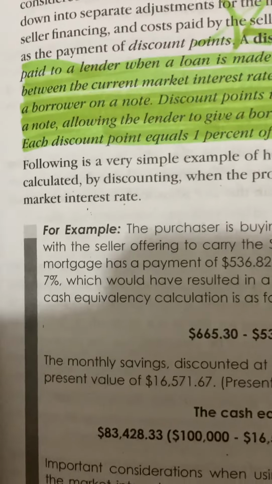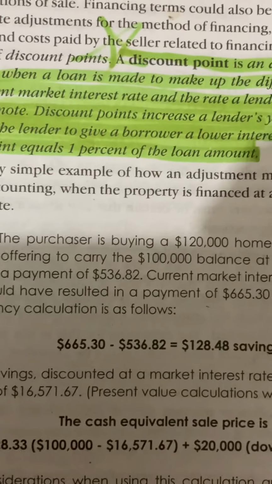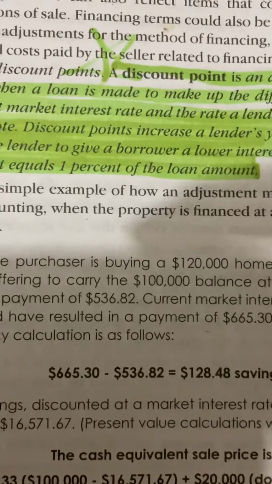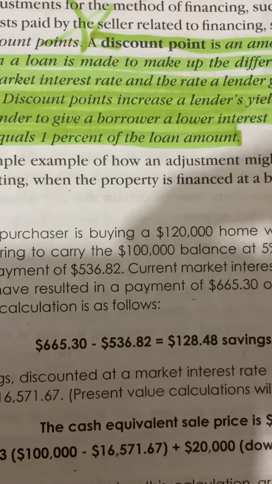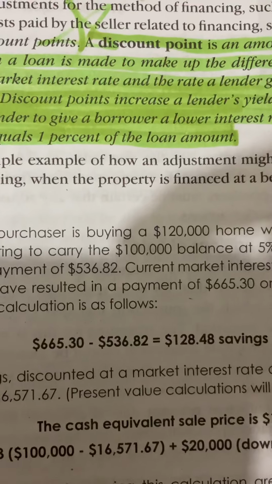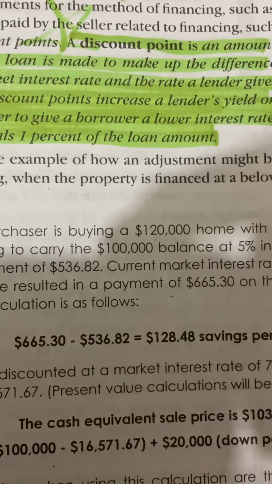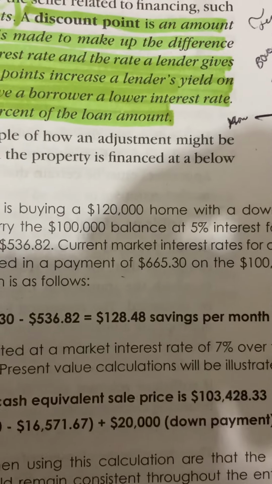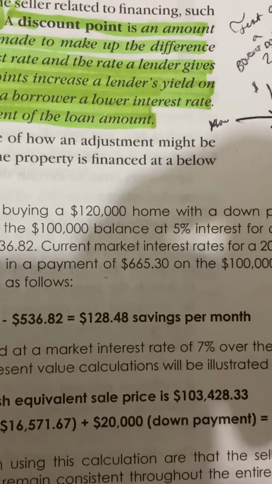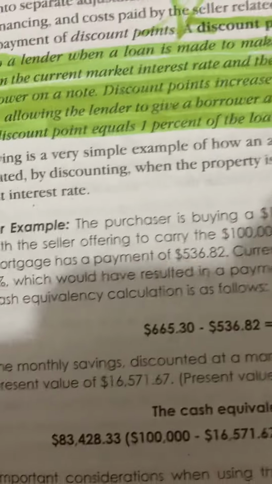Thus, the cash equivalency calculation is as follows: $665.30 minus $536.82 equals $128.48 savings per month.